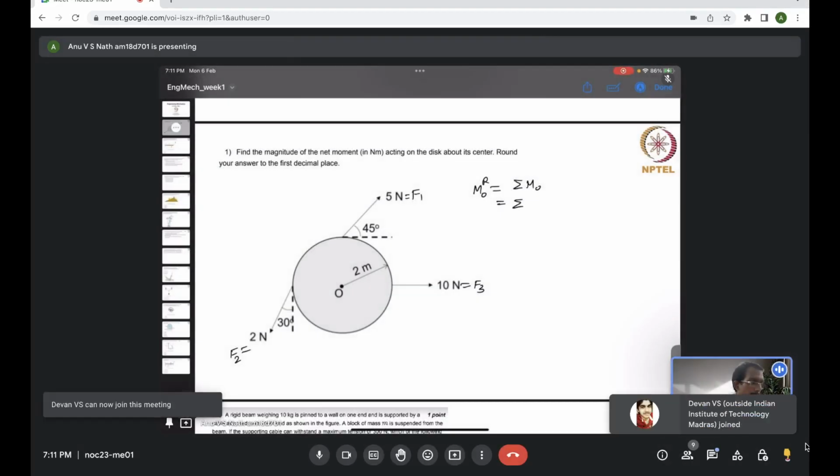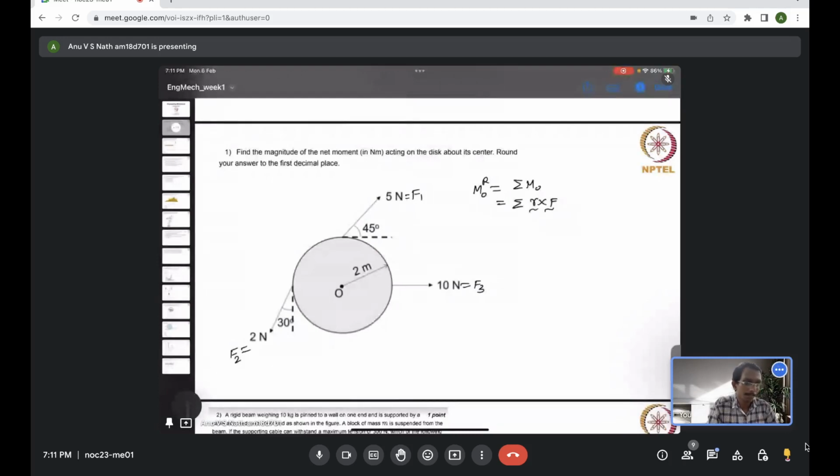The moment of an individual force can be evaluated with a cross product between the moment arm, which is the perpendicular distance from the point where we want to evaluate the moment, here the origin O, to the force, and take the product between them.